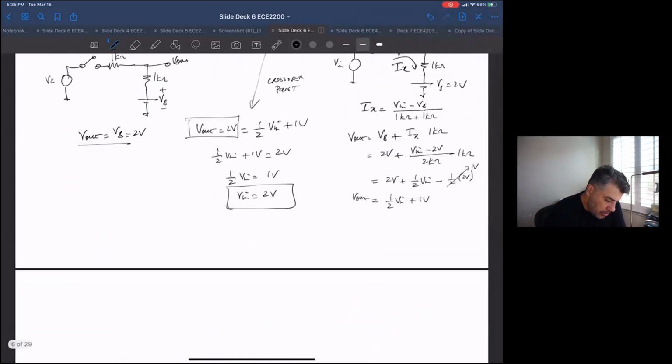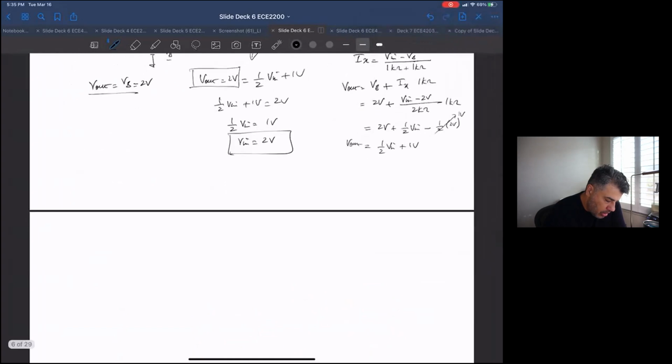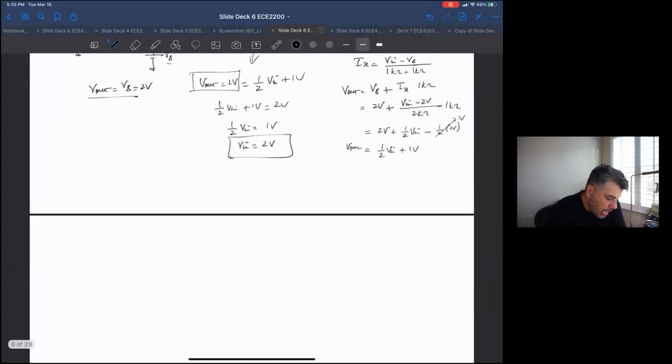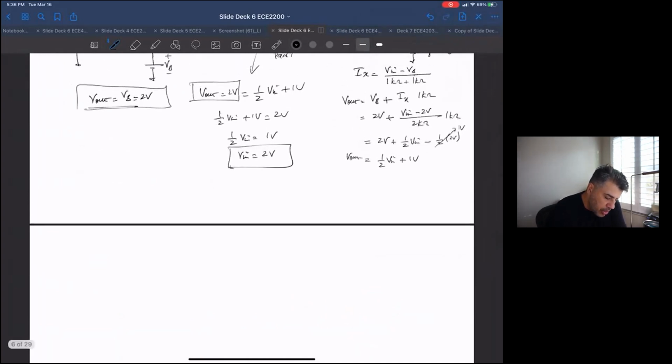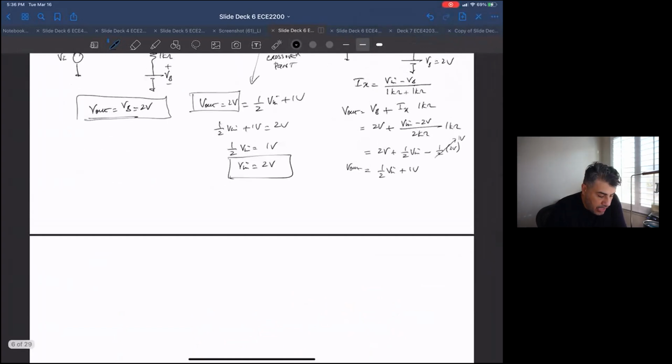now I think some of you went wrong here: when V in is below the crossover point, V out is equal to 2 volts, but you gave it a slope. I think you have to trust the math a little bit. You need both a feel for this stuff and to trust the math.